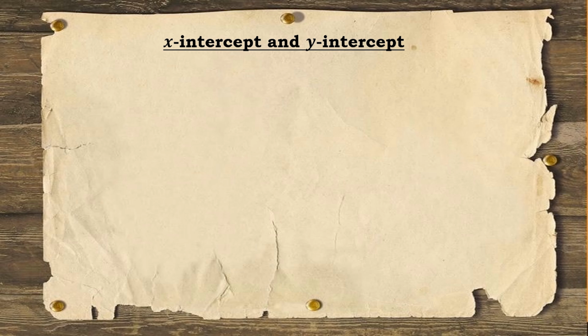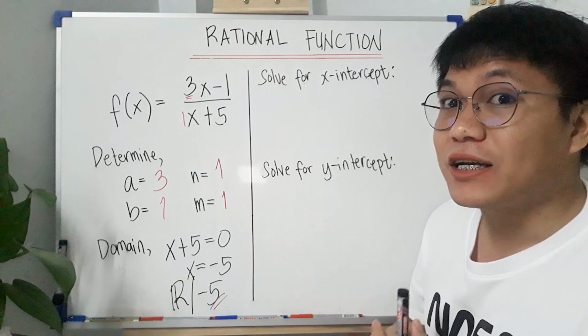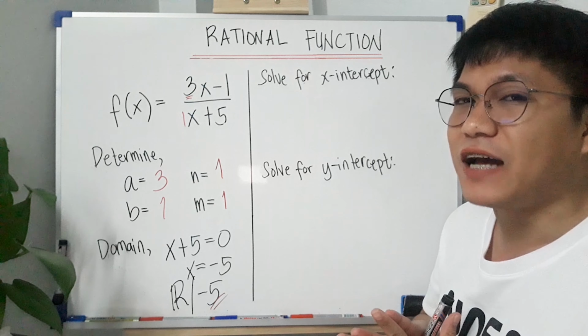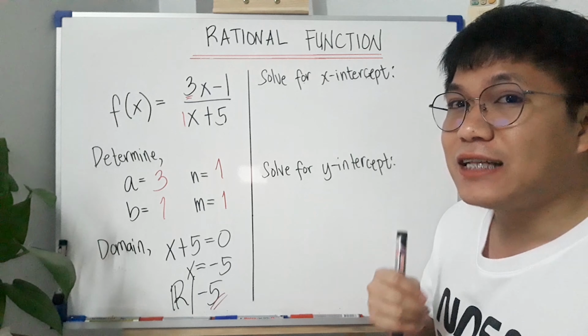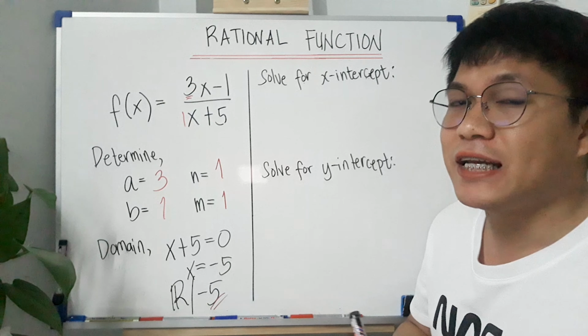Next, x-intercept and y-intercept. The x-intercept is a point where the line crosses the x-axis. At this point, y is equal to 0. To find the x-intercept, just set the numerator equal to 0 and simplify. Going back to our given rational function, 3x minus 1 over x plus 5, in solving for our x-intercept, we simply set our numerator equal to 0.